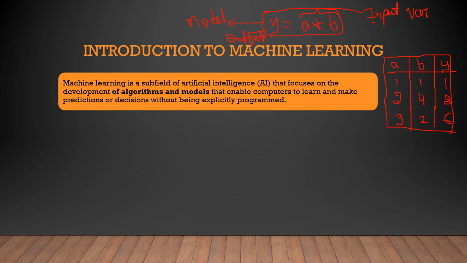So once the machine takes this data as an input, the user has to tell which is the output variable and what are the input variables. So this is the output, and these a and b are the inputs.